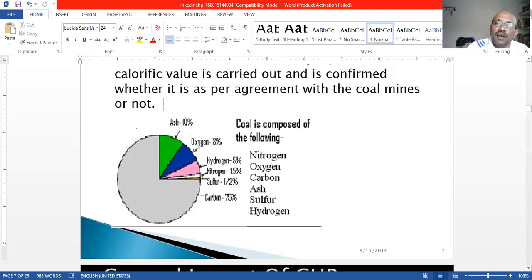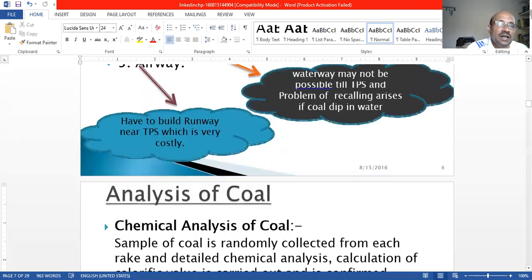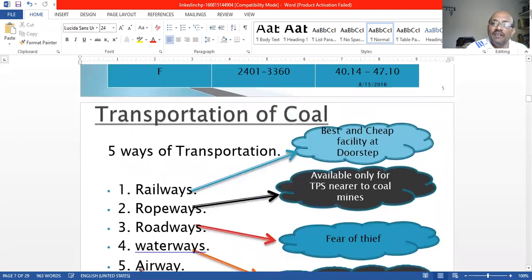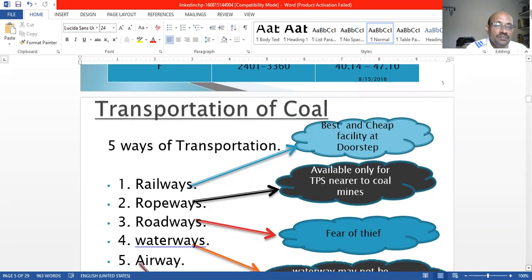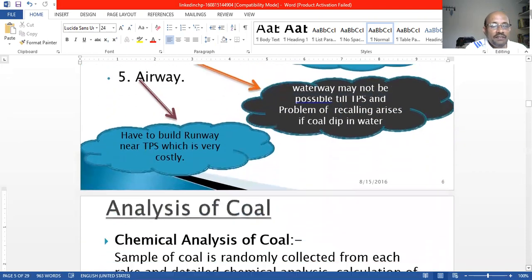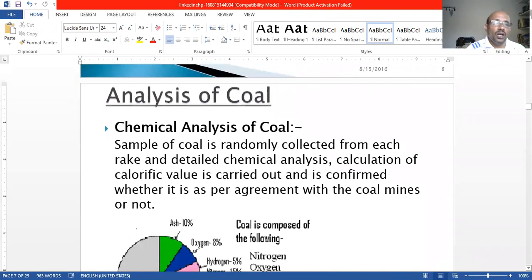So we can see the calorific value of the coal. Different coals have different calorific values. In an earlier video I discussed this. Generally, coal is randomly collected from the mine, each rake undergoes detailed chemical analysis, and we calculate the calorific value of the coal, confirming whether it is as per the agreement with the coal mines or not.